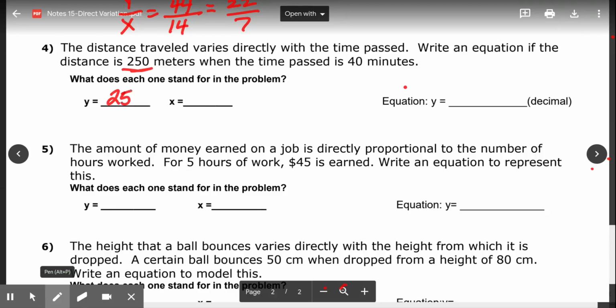That's your y. And the time passed is your x. So we've got 250 divided by 40. Those zeros cancel out. 25 divided by 4 gives us the decimal of 6.25. So the equation is y equals 6.25x.